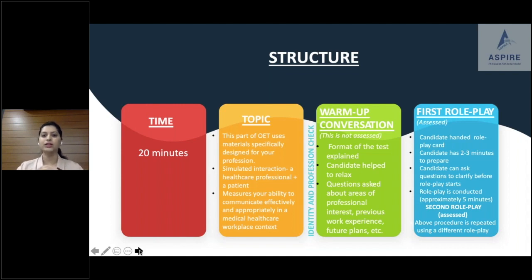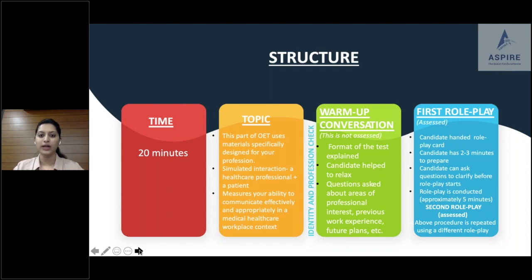It's usually a simulated interaction between a healthcare professional and a patient. In this case, the patient will be the interlocutor. This measures your ability to communicate effectively and appropriately in a medical healthcare workplace context.